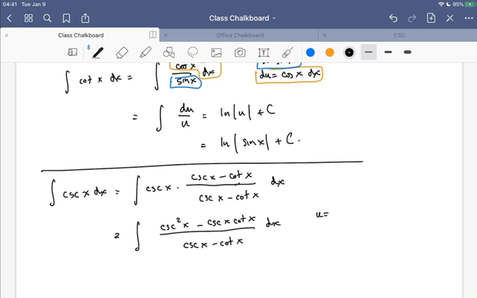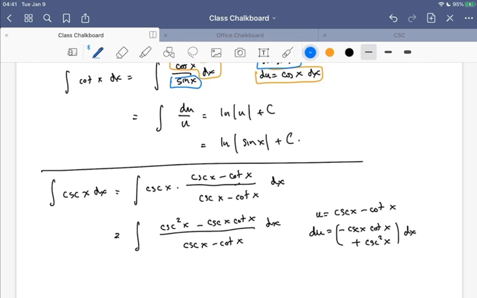Then I'm going to let u equal the denominator. Now we basically have to remember the derivative of cosecant is negative cosecant cotangent, and the derivative of cotangent is negative cosecant squared. But because I have a negative in front already, it becomes positive, and all of that is dx.